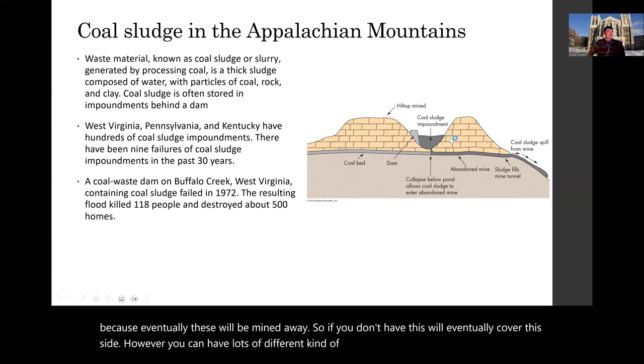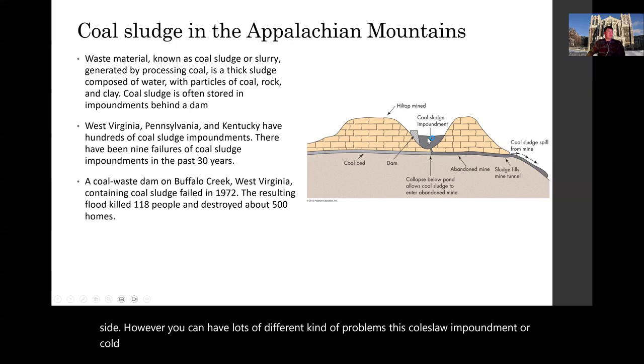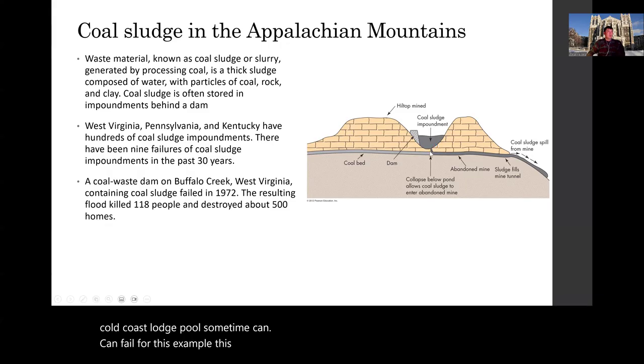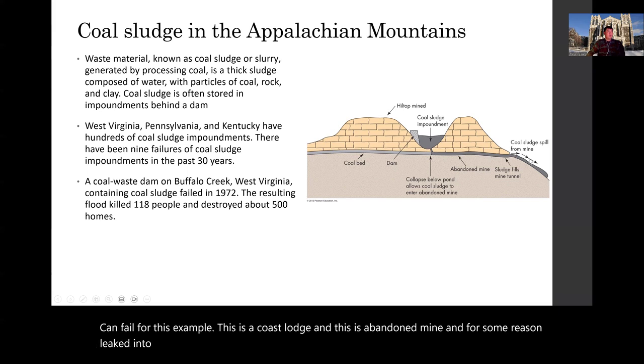This coal sludge impoundment, or coal sludge pool, can sometimes fail. In this example, this is the coal sludge, and this is an abandoned mine, and for some reason it leaked into the abandoned mine, spilled from the mine going downhill, and caused huge pollution.